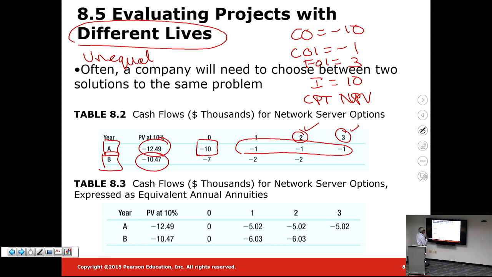If I only select them on the basis of net present value, then B is a superior choice. Why? Because it is the least negative. Thus, on a number line, negative 10.47 is higher than negative 12.49. So these are cost projects. We are only expending money. So we want to select the one that is the least negative. So B would be the superior choice.